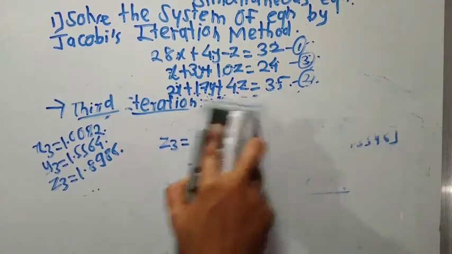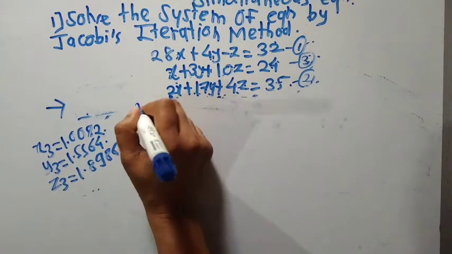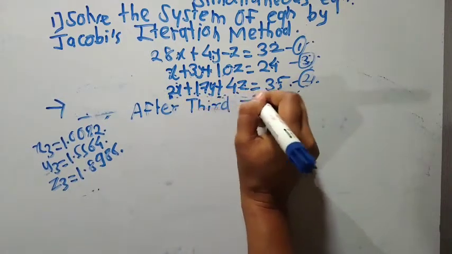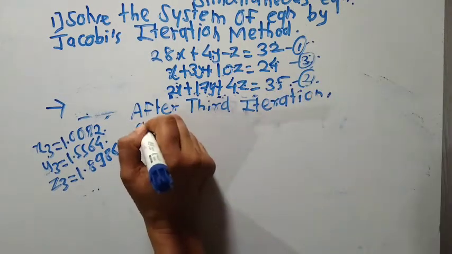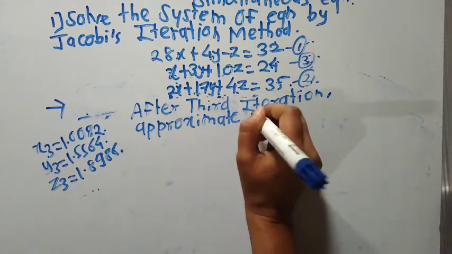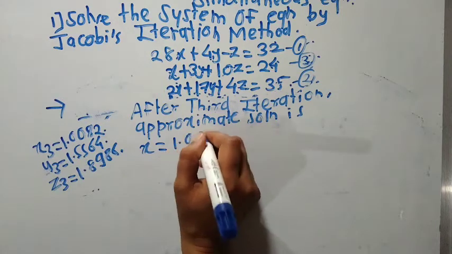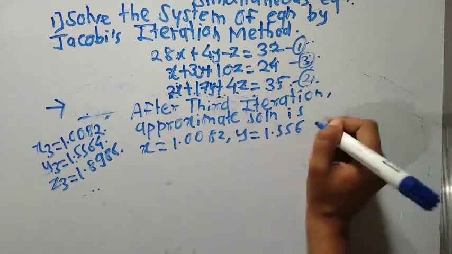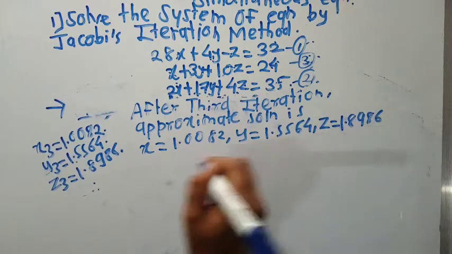Hence, after the third iteration, the approximate solution is x is equal to 1.0082, y is equal to 1.5564 and z is equal to 1.8986.